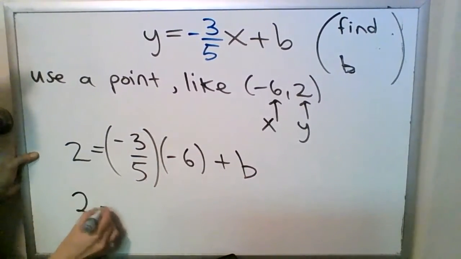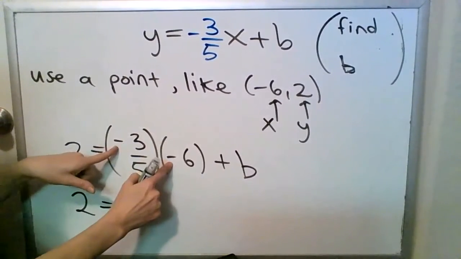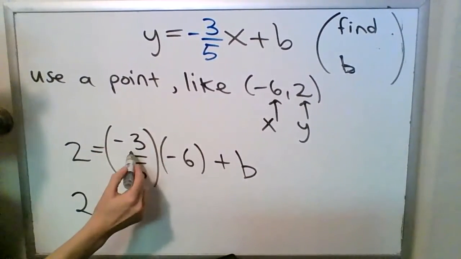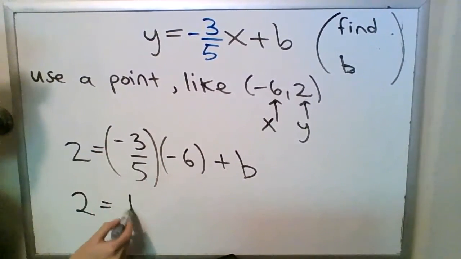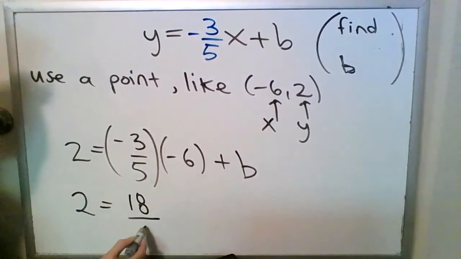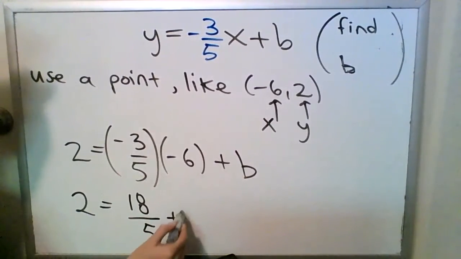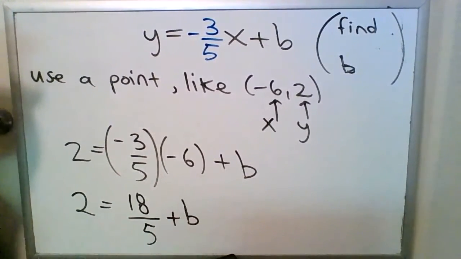Okay, 2 equal to positive 18 over 5 plus b. Subtract 18/5 from both sides.